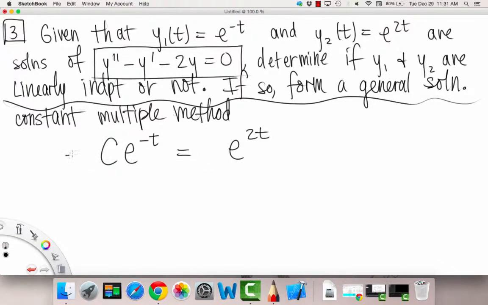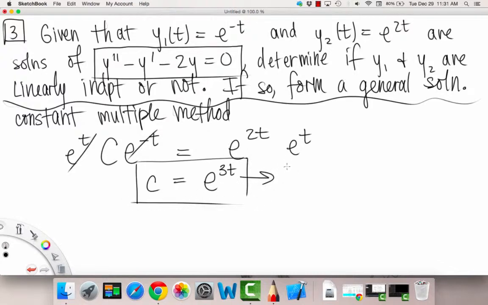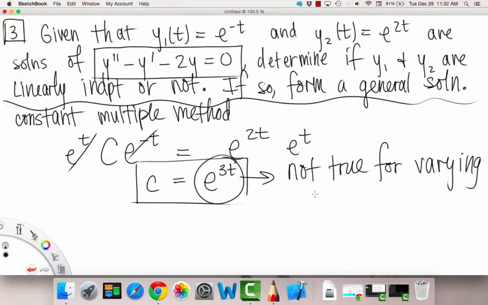So if we were to multiply by e to the t on both sides, then these cancel out, and we get a constant should be equal to e to the, and we just add the exponents, so this would be 3t, and this is not true. This equation is not true for varying values of t.